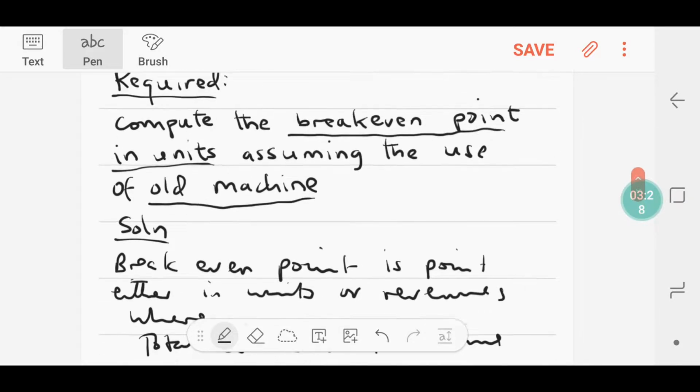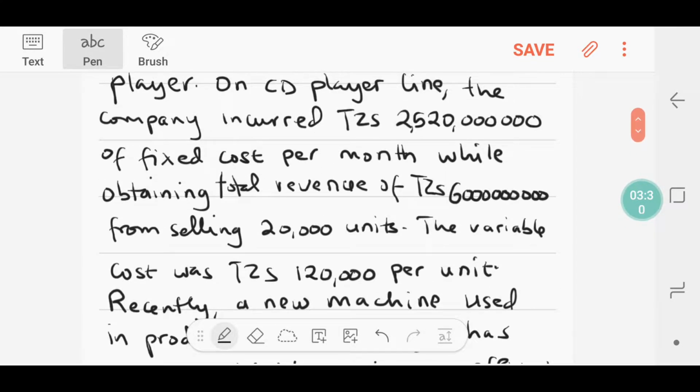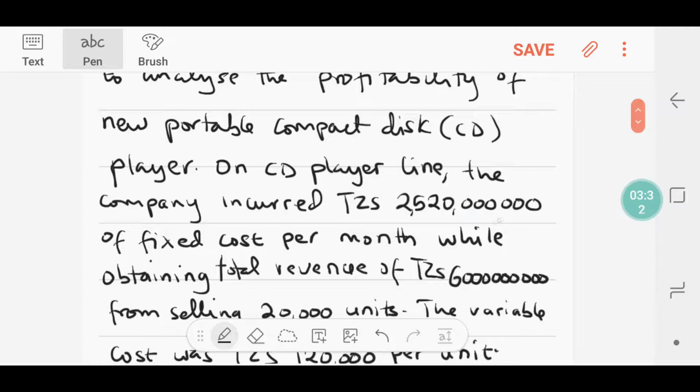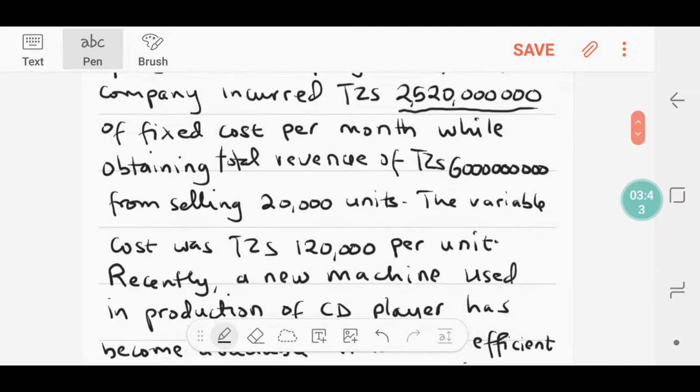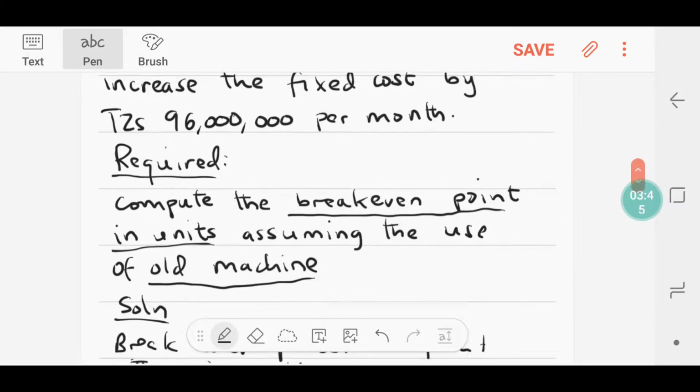Okay, in our question we have been given the amount which was incurred on fixed cost. So our fixed cost on the old machine is 2,520,000,000.